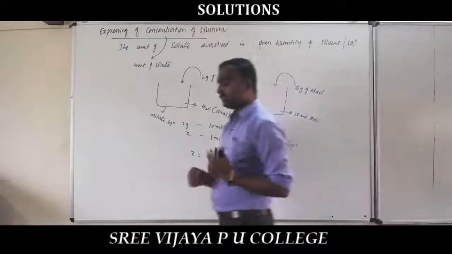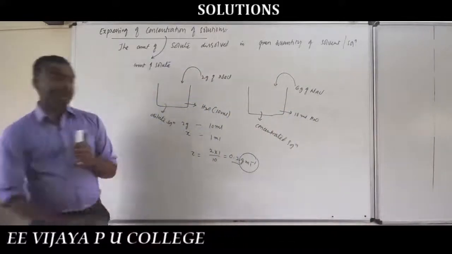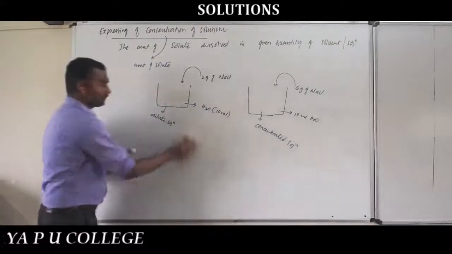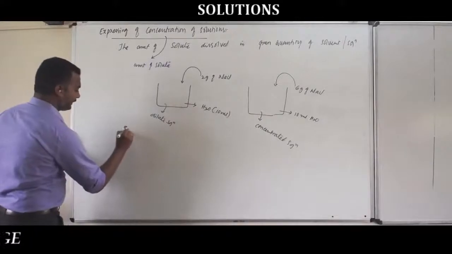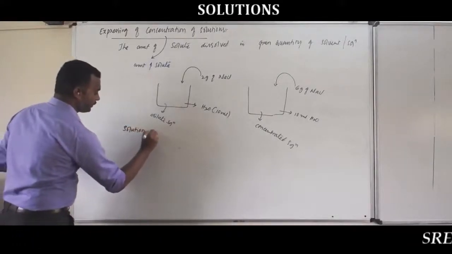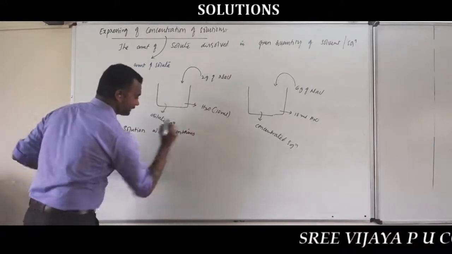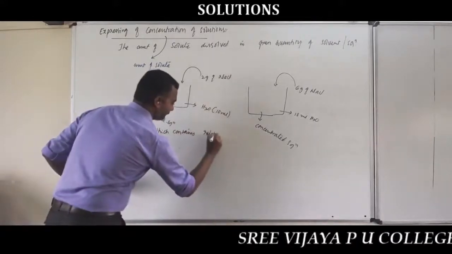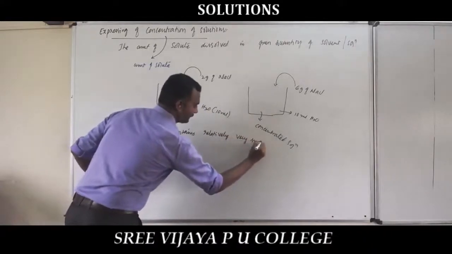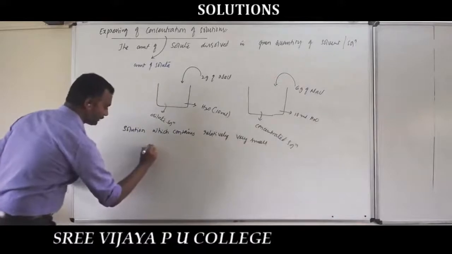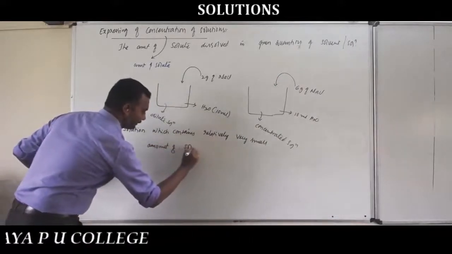So how do we define a dilute solution? What is the meaning of dilute solution and what is the meaning of concentrated solution? Dilute solution means a solution which contains relatively very small quantity or very small amount of solute.